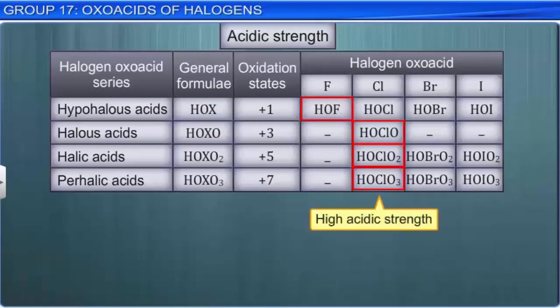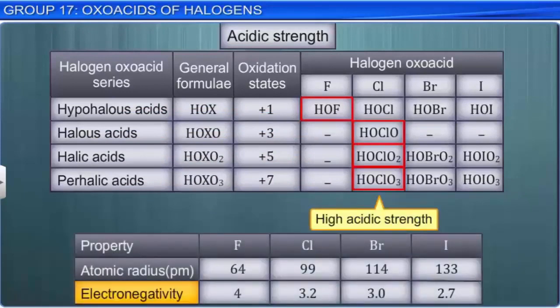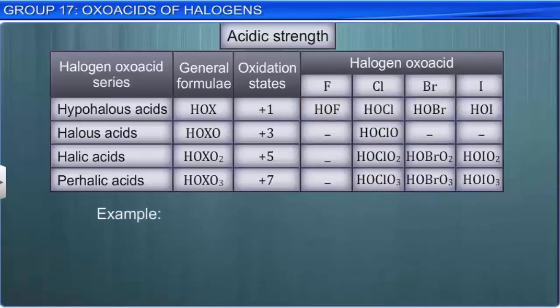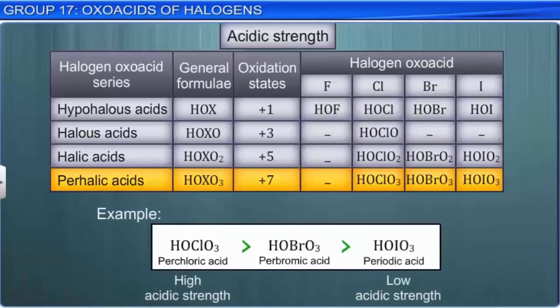This is due to the high electronegativity and small size of the respective halogens, fluorine in the hypohalous acid series and chlorine in the other series of oxo acids. For example, among perhalic acids, perchloric acid has high acidic strength.